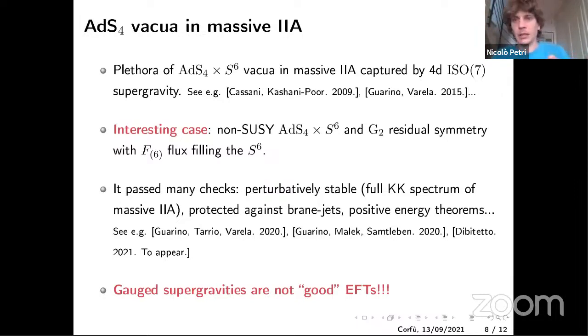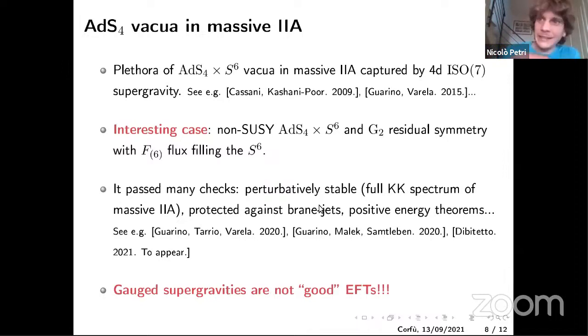It has been shown to be classically stable also at the level of the full KK modes of massive IIA on a 6-sphere. And then there are also examples in which it has been shown that this vacuum is also protected against some brane-jet instabilities, which are non-perturbative examples of instabilities.